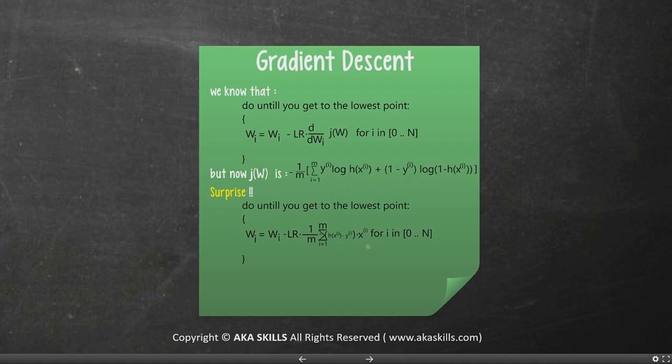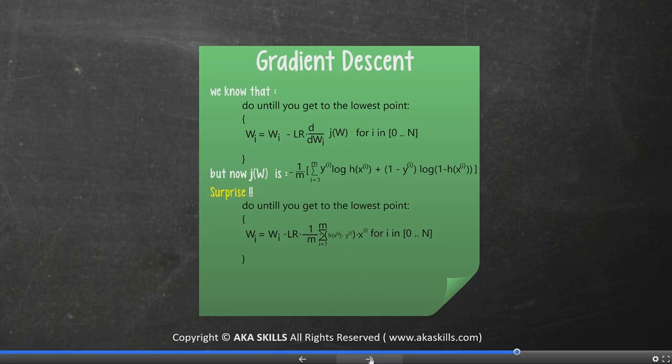That's actually good for us, because we're not going to worry about calculating the complicated derivative of this complicated thing. But if you do, you're going to have this result, and you're going to make sure that yes, it's exactly the same.